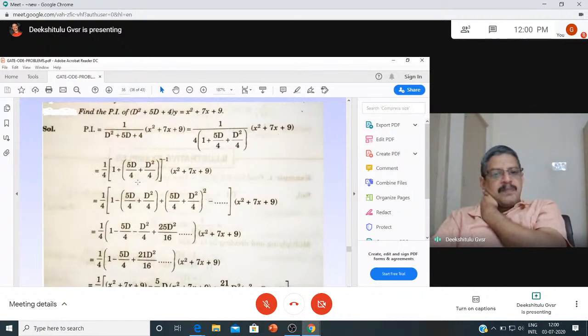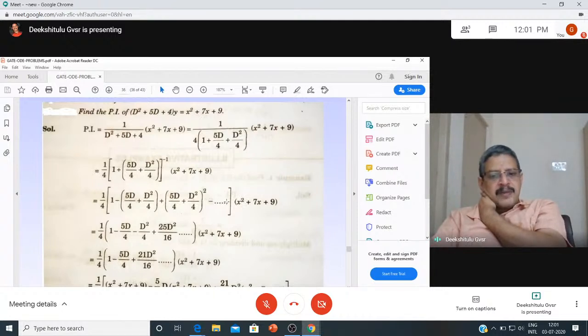So this is 1 by 4, 1 minus (5D by 4 plus D square by 4) plus (5D by 4 plus D square by 4) whole square, because 1 plus something whole inverse gives positive and negative terms alternately. You need not go beyond this because the highest degree polynomial is x square.